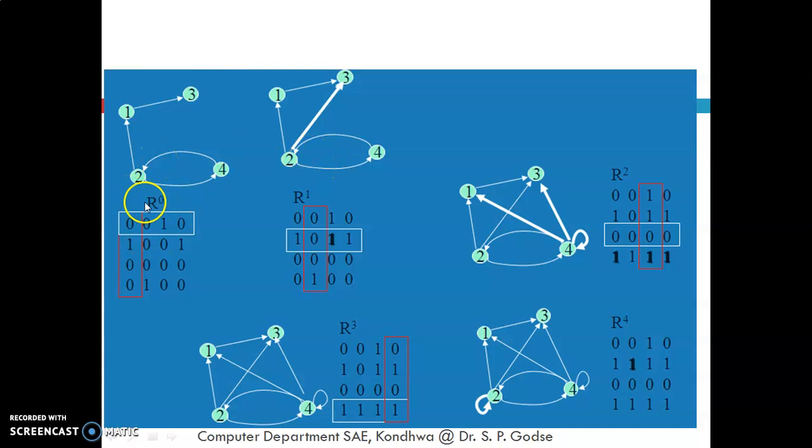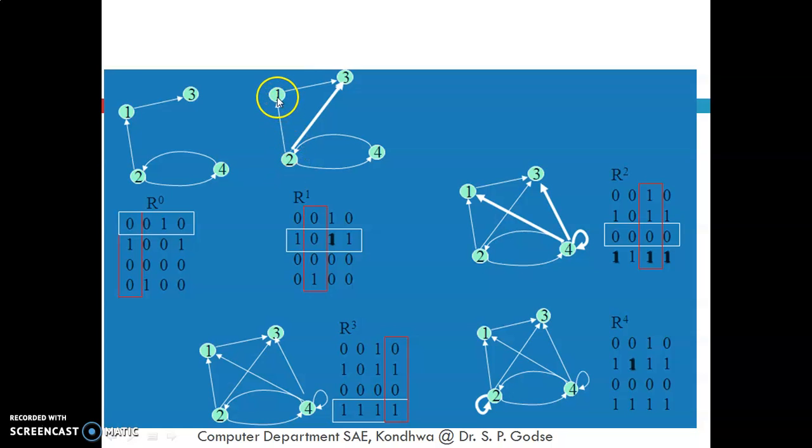Now from this matrix, R1 will be found. In case of R1, 1 will be treated as a middle node, and from this node we have to find out the other edges. So this edge is incoming towards vertex 1, and this is the outgoing edge from 1 to 3, so 1 is the middle one for these.